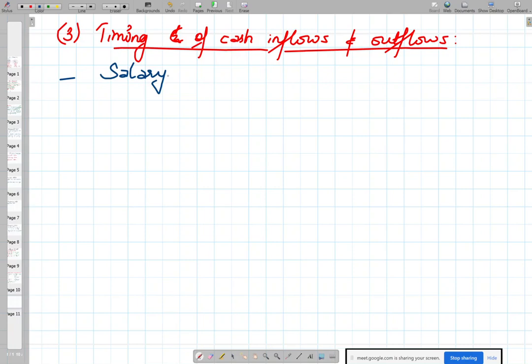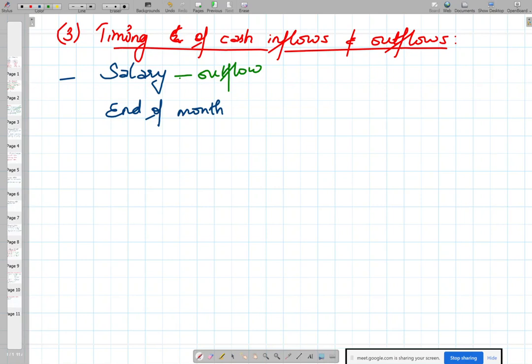So let's say at the end of every month you pay that month's salary. The timing of salary going out of your business is monthly, correct? This is outflow. At the end of the month it's guaranteed that some cash will leave the business in the form of salaries.